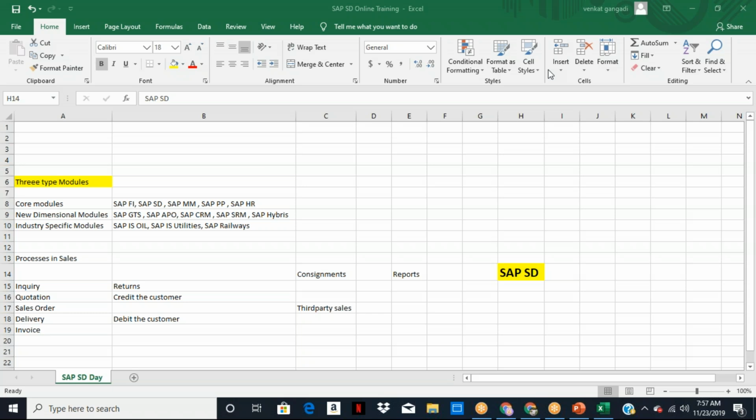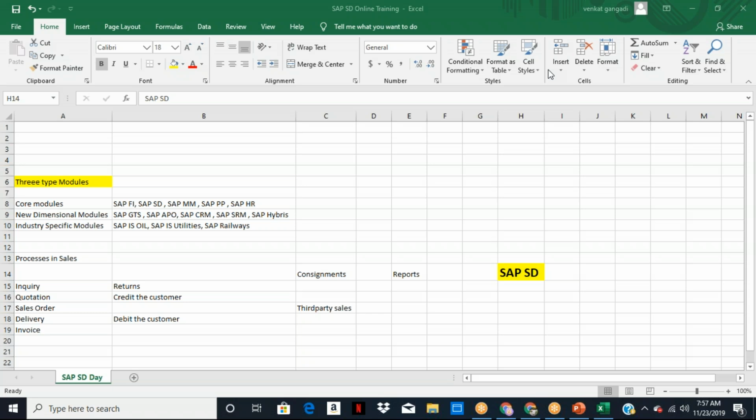Basically, SAP SD is a module which is used to execute all your business processes of sales and shipping. Sales means whatever sales activity you perform, like inquiry, quotation and sales order.